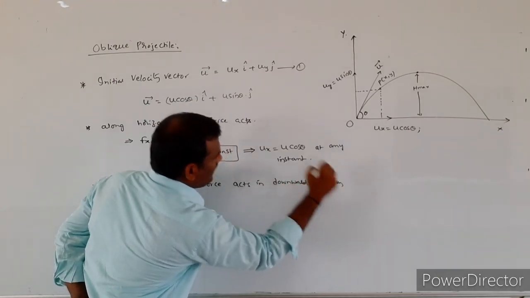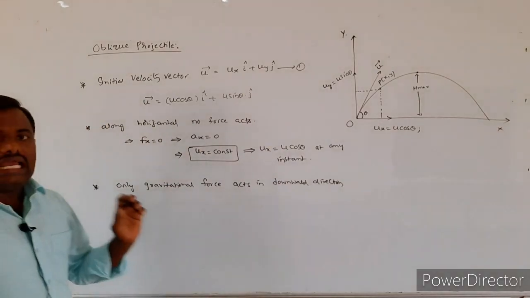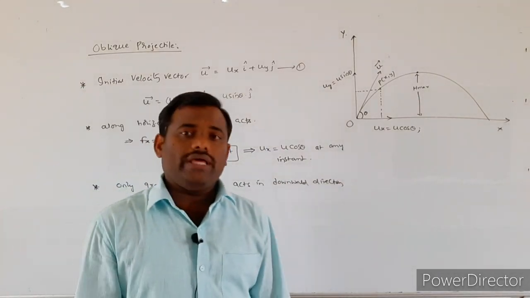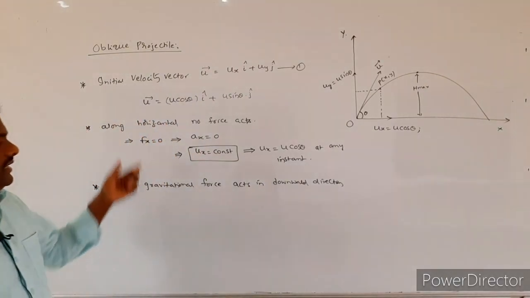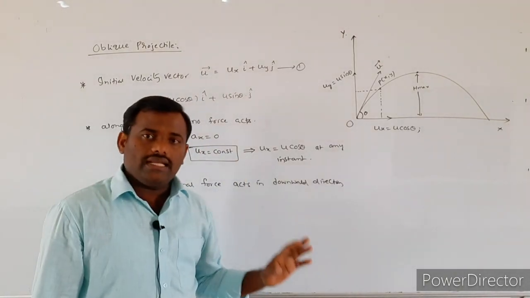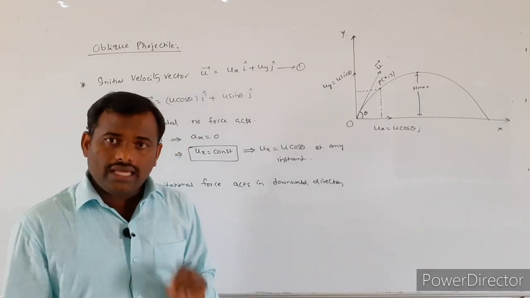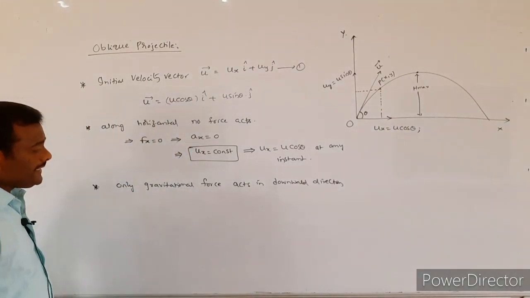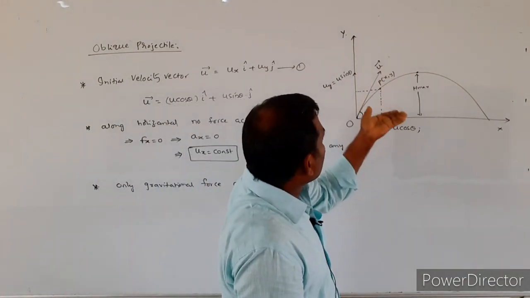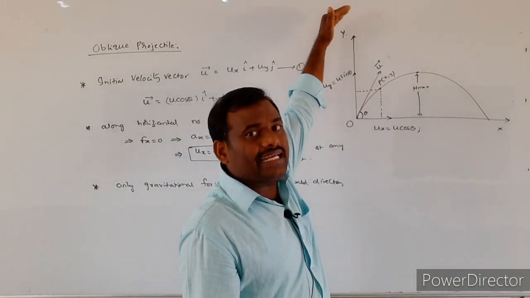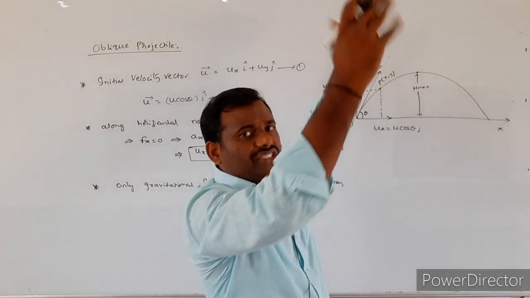So which force only is acting on the body? Only gravitational force is acting on the body, and that also acts in the vertically downward direction. Here the positive y-axis indicates the vertically upward direction.